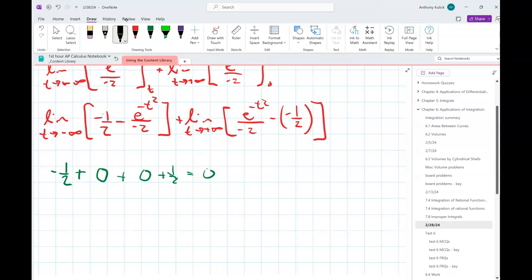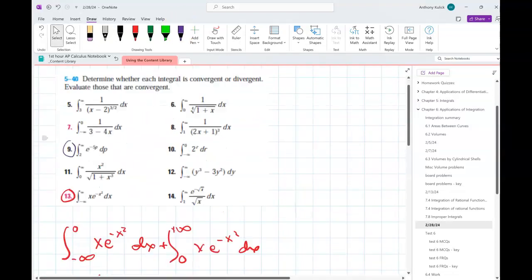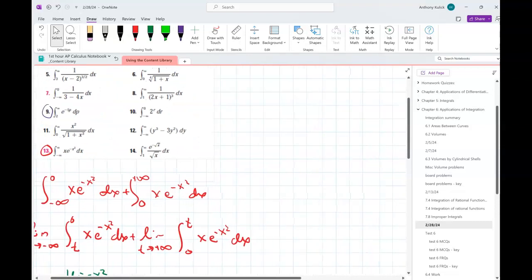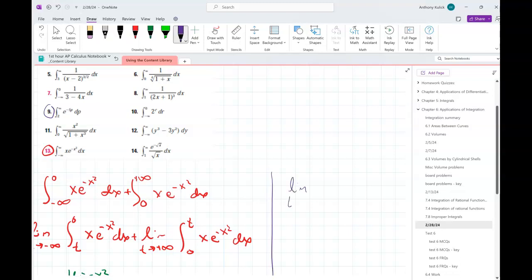Isabel. Sure. Let's take a look up here. Number 9. So here I'm going to start just by turning this into a limit problem since there's only one infinite bound.